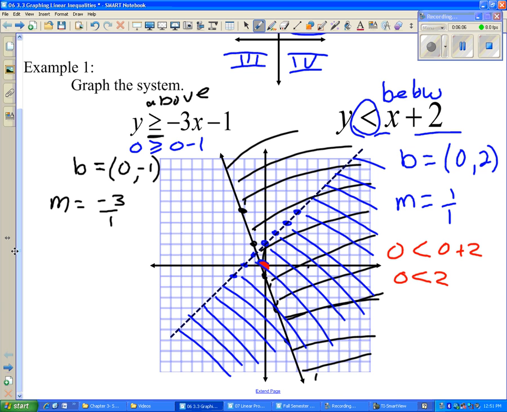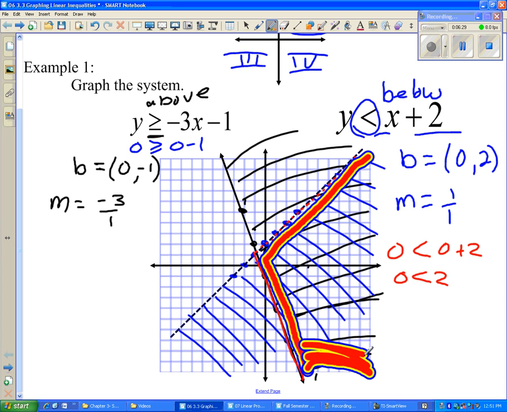So my shaded region includes the solid line, does not include the dashed line, but then includes everything that's shaded with both.